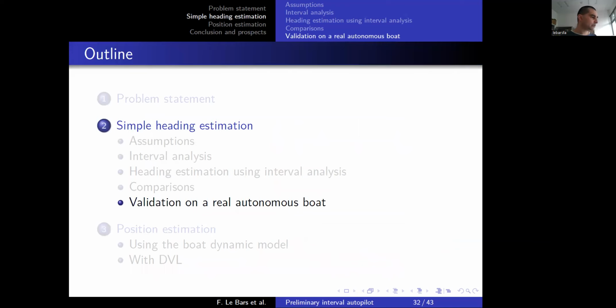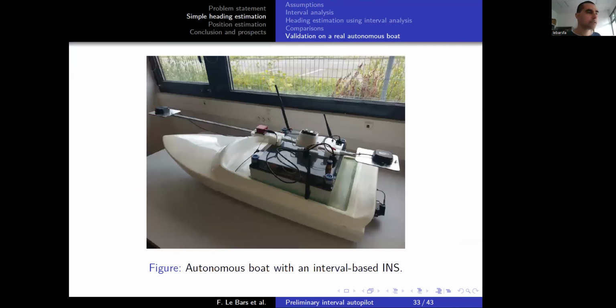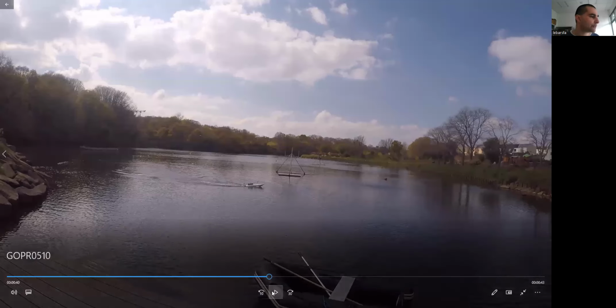So after we made some tests on a real boat to validate that on a full robot, we can have the full control loop using our state estimation working in real conditions. So I can show you a quick video of the dynamics of the robot.